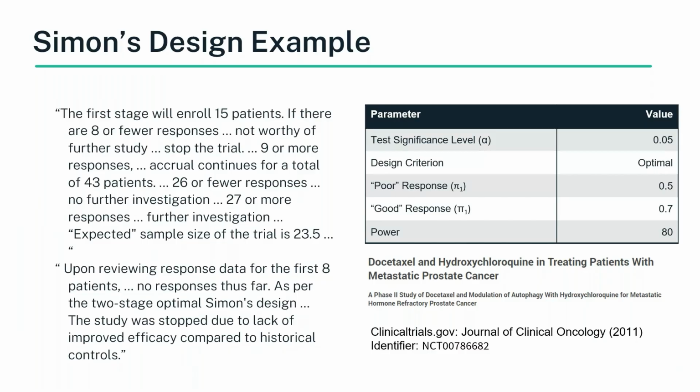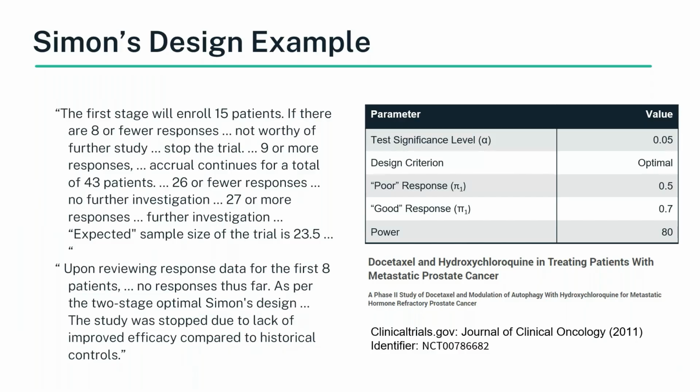And if 9 or more are observed, then patient accrual will continue up to a total of 43 patients. So an additional 28 patients are recruited.